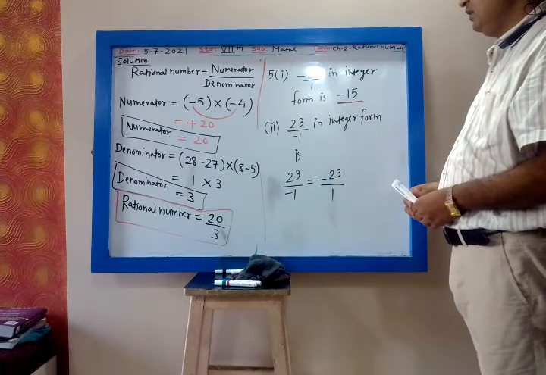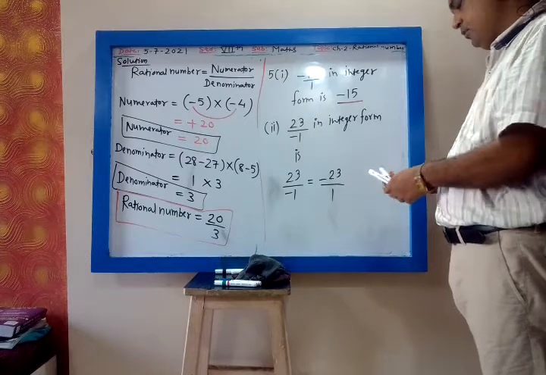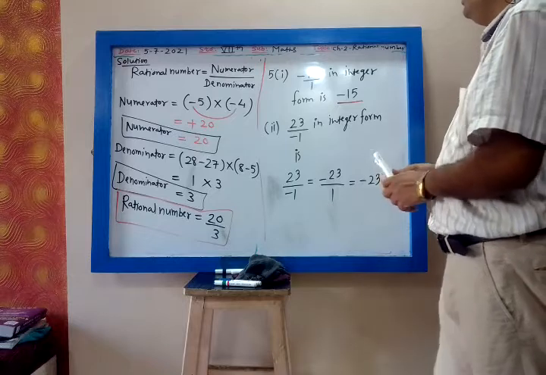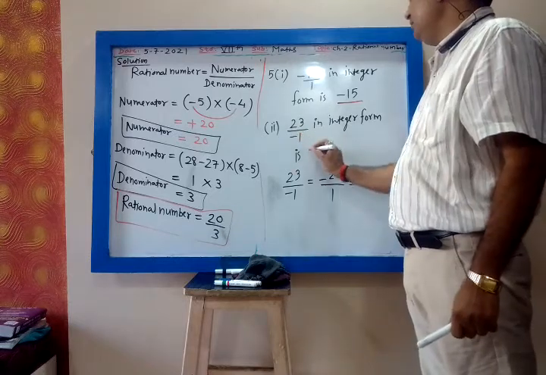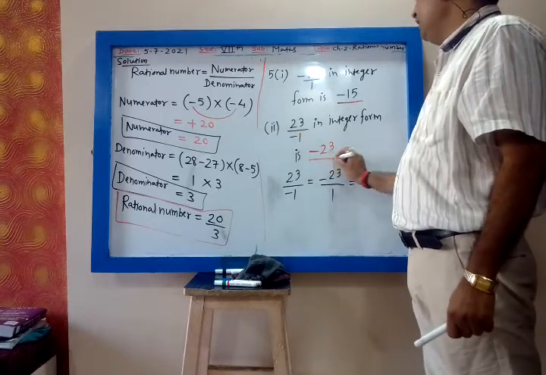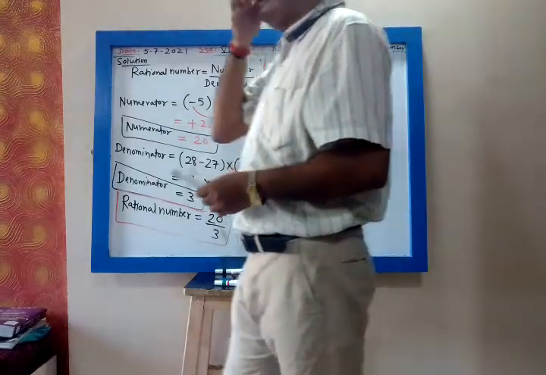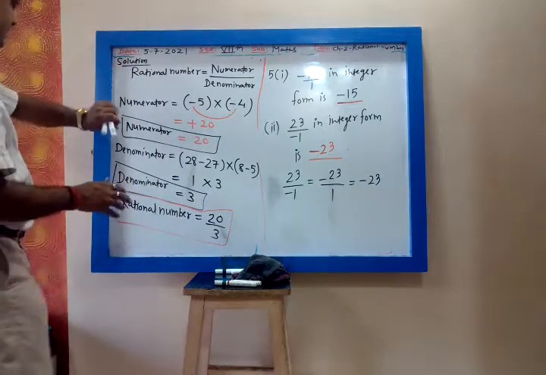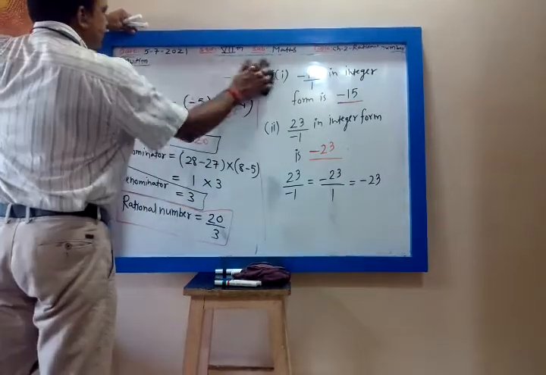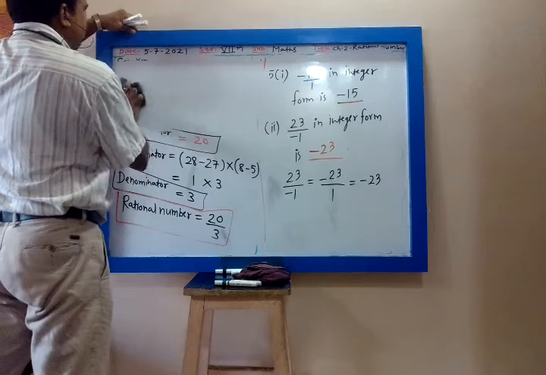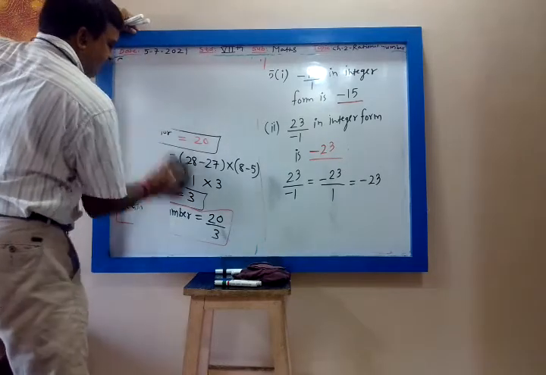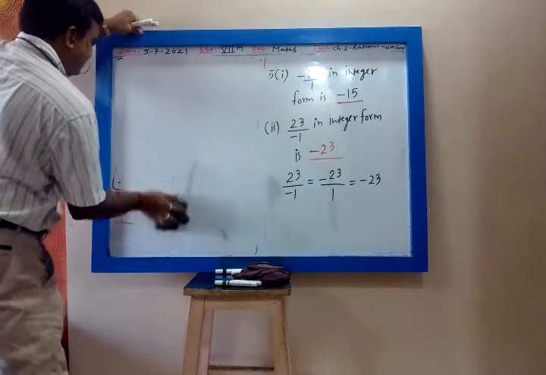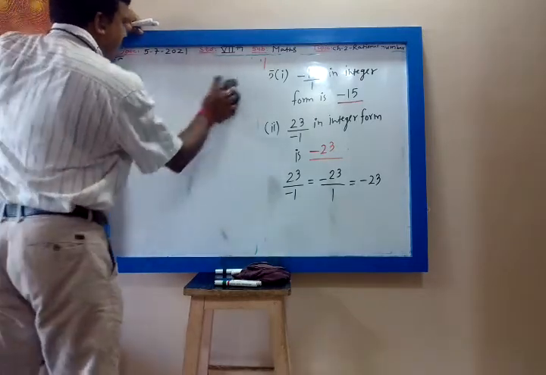And minus 23 upon 1 is minus 23. So the answer is minus 23, which is a negative integer. Whenever the denominator is 1, I can write down the numerator as the integer.